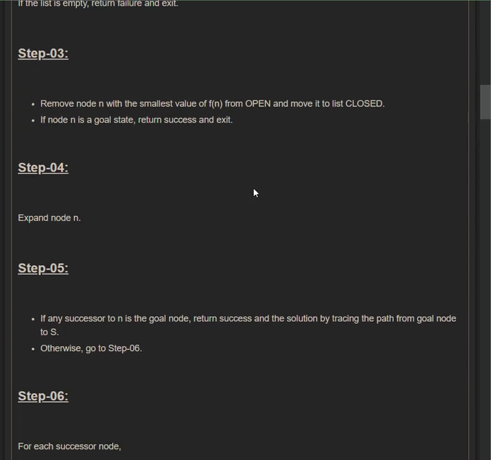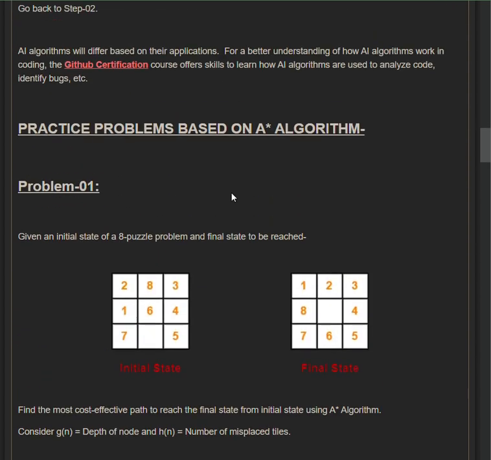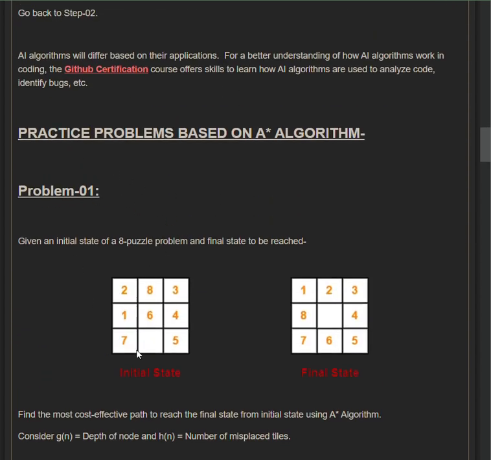So this is called an 8 puzzle problem. The goal of the puzzle is to move tiles until we reach a specific final configuration. These are the initial states, and these are the final.